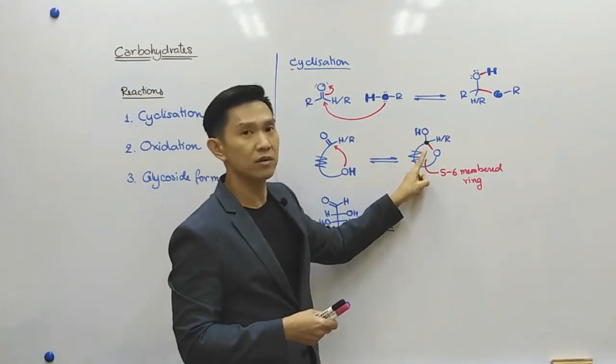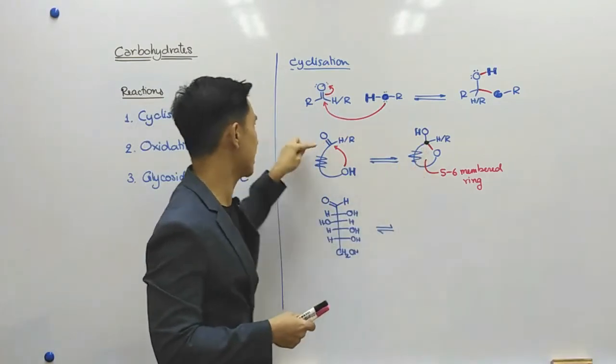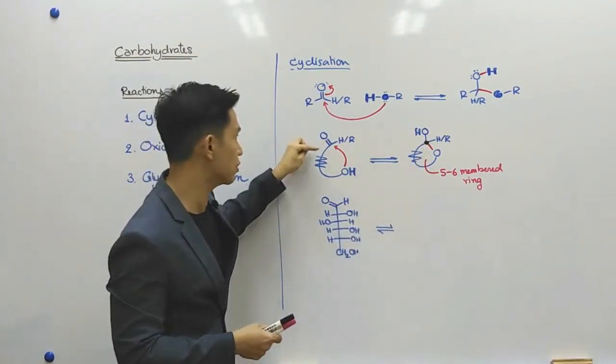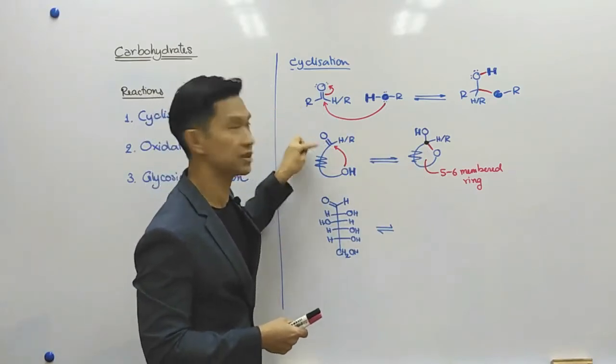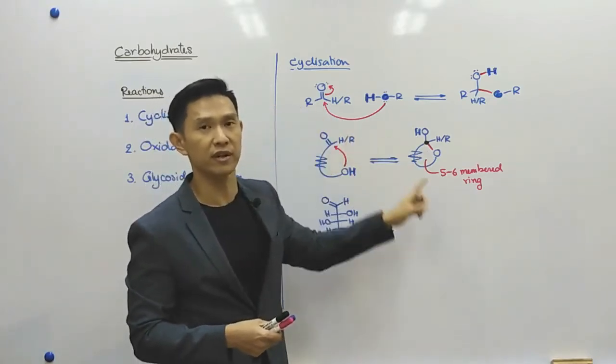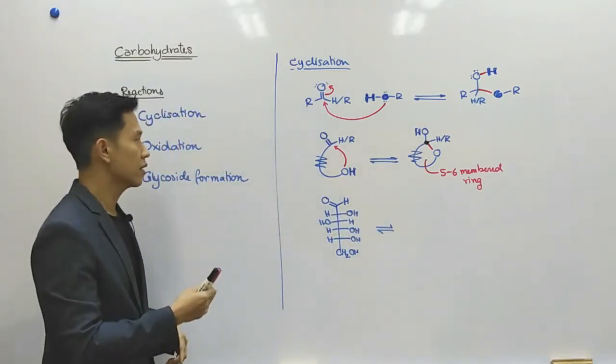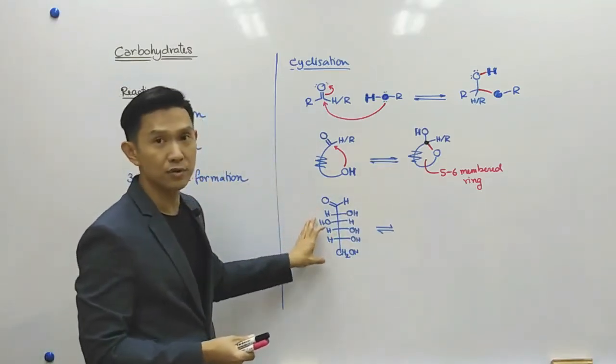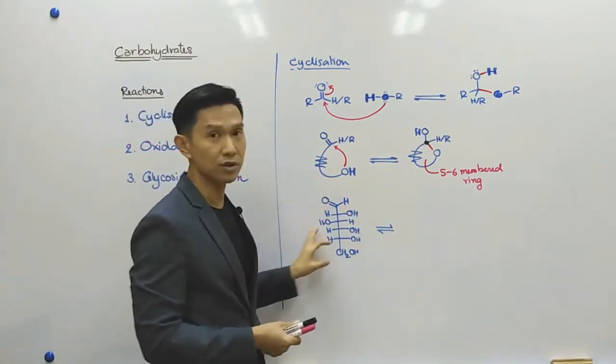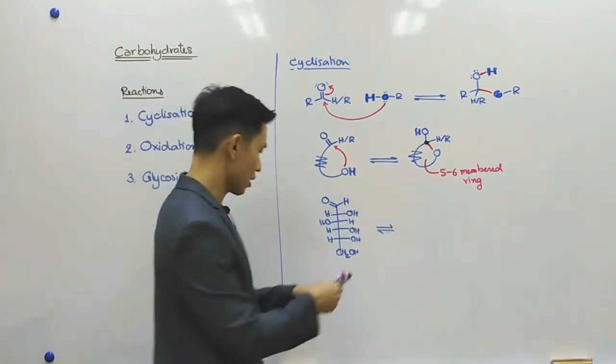So this carbon previously appeared as the carbonyl group. I want you to find this kind of carbon because it is very important for other reactions afterwards. Anyway, I will show you the structure of glucose after cyclization.